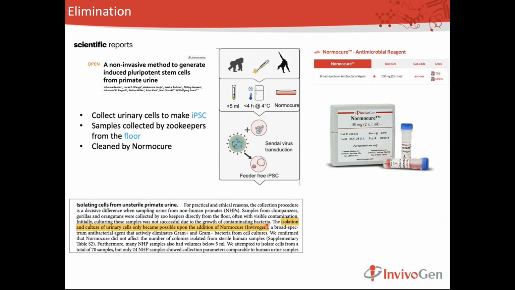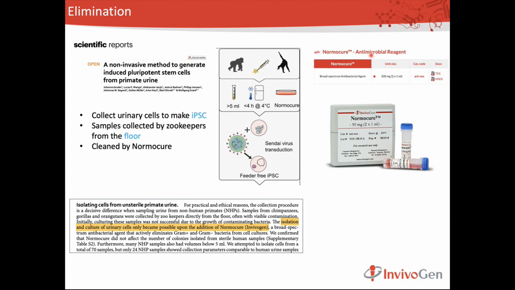And so from the methods and materials, you can tell that the solution that they found was Normocure from us. Isolation and culture of urinary cells only became possible upon the addition of Normocure.